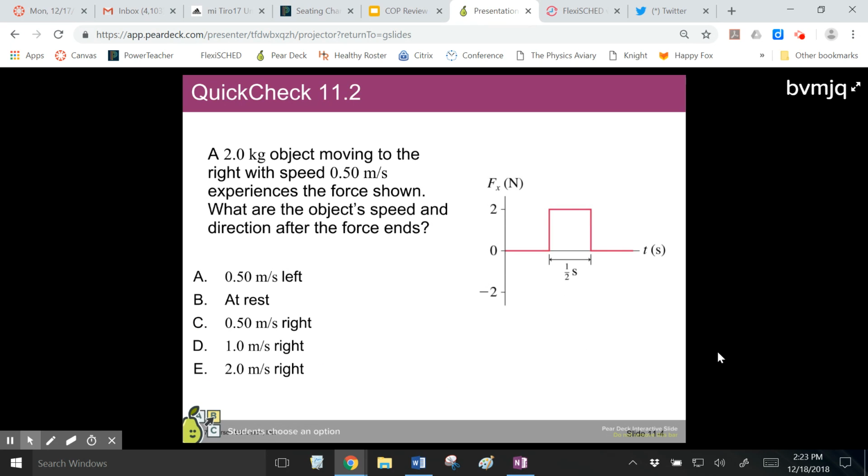All right. How about this one? You got a 2 kilogram object moving to the right with a speed of half a meter per second. It experiences the force shown. What are the object's speed and direction after this force ends?